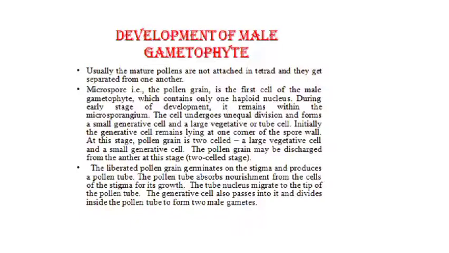The pollen tube absorbs nourishment and sugary fluid from the cells of the stigma and style for its growth. The tube nucleus migrates to the tip of the pollen tube. The generative cell also passes into it and divides inside the pollen tube to form two male gametes.